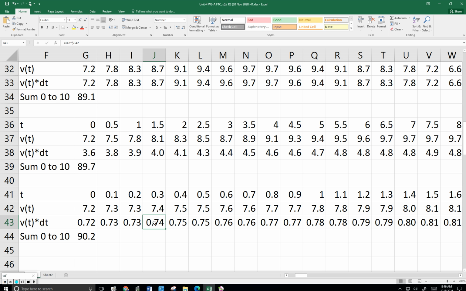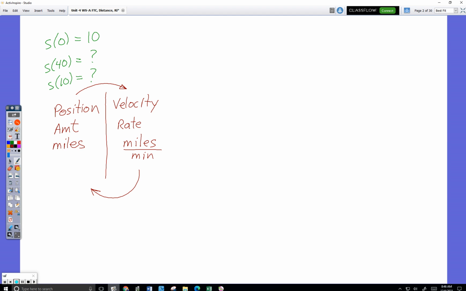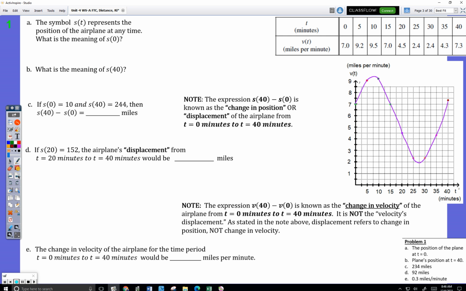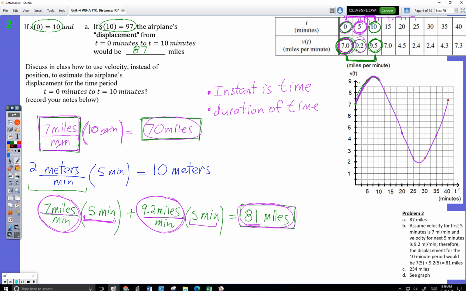Cool. All right, back to the worksheet here. Right here, this is integration. All you're doing is multiplying a rate by an amount of time, multiplying a rate by an amount of time, and then adding them up.